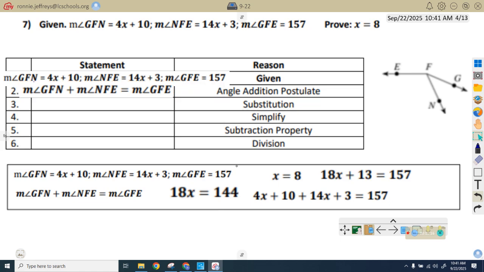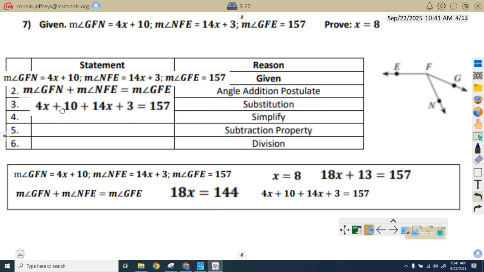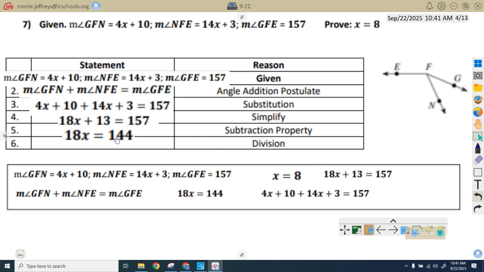Then it says substitution. And simplify. Then subtraction. And then division.